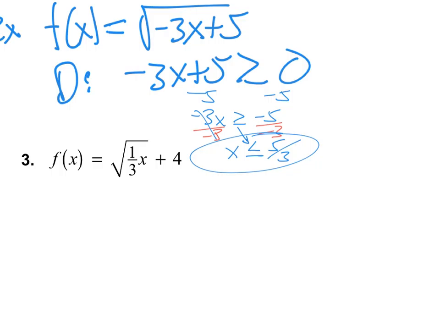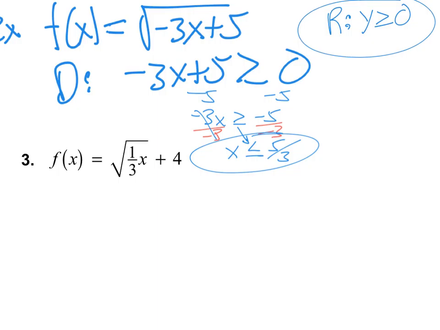Our range: notice this is not moved up or down. There's nothing outside here, and it's not flipped or anything like that. Since it hasn't moved up or down, the range for this example would be y is greater than or equal to 0. You can graph it to check that out and find where your x's and y's are.